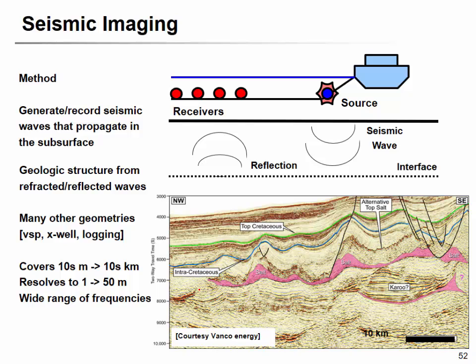Then the reflection, probably this is the seafloor interface between the water and the sediment, and probably there's another boundary. It shows the different geological formations, something like that. And the fault too, you can find the fault here. So here it shows some fault.